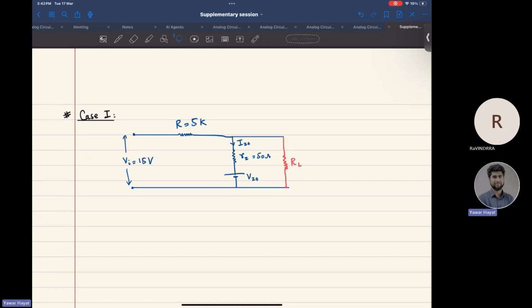Case one is where RL is infinity. For that case, it is open. And what will we have here?